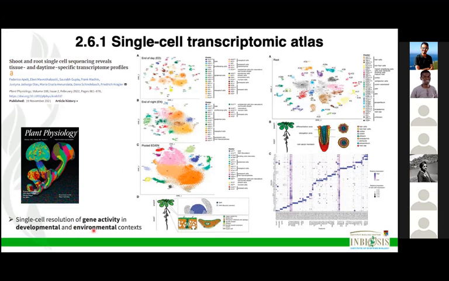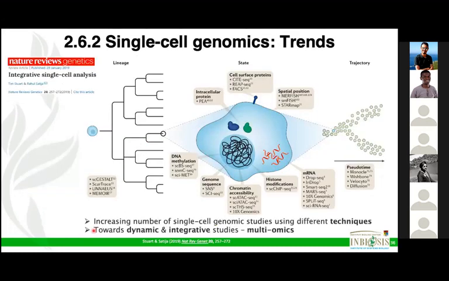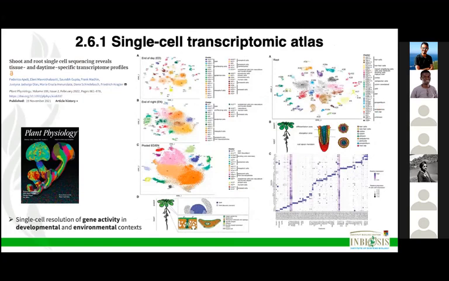So you can see in the genomic field, the transcriptome is going to single-cell resolution, probably in the future even subcellular resolution of gene expression. So the trend is towards an increasing number of different techniques and also dynamic integrated study using multiomics. So you can study the different lineages of the cells, either the state of the cell or how the cell is in the trajectory of different tissues, like just now, this different trajectory.